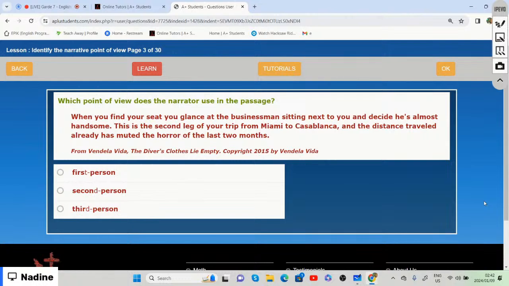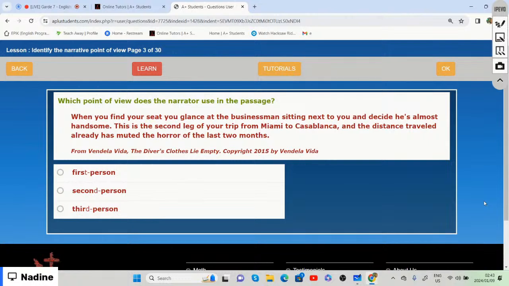This is the second leg of your trip from Miami to Casablanca, and the distance traveled already has muted the horror of the last 2 months.